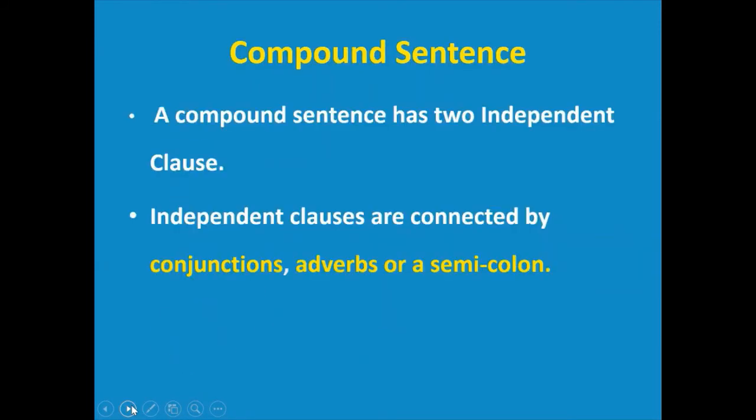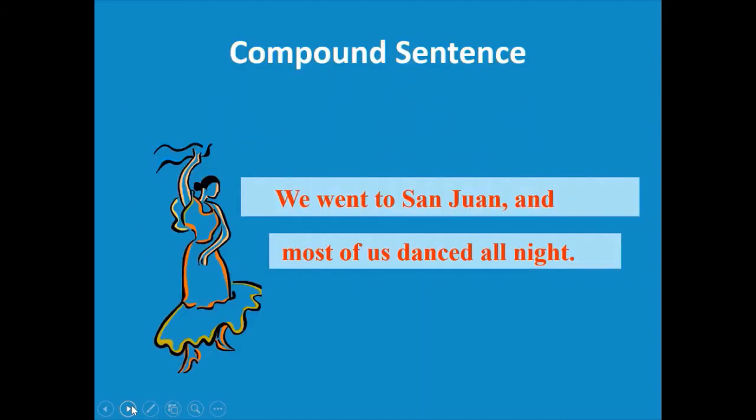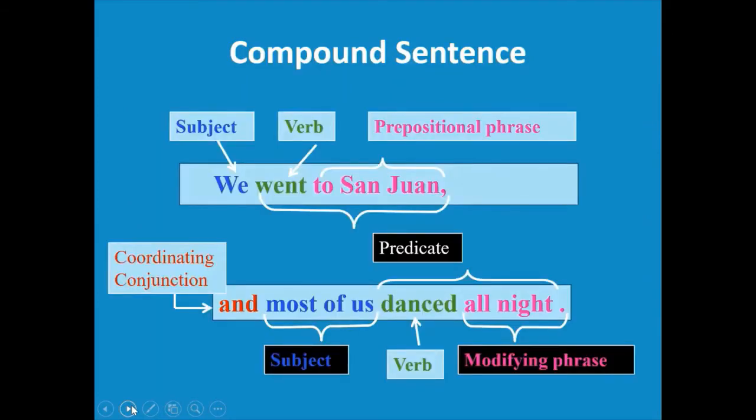As we saw before, a compound sentence has two independent clauses. Therefore, what are the two independent clauses in this sentence? Here you can see, we went to St. Juan. Up to there, that is one independent clause.